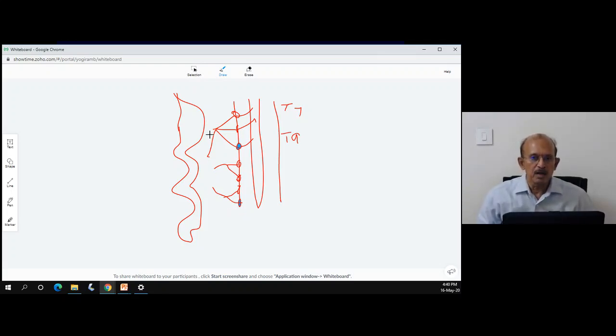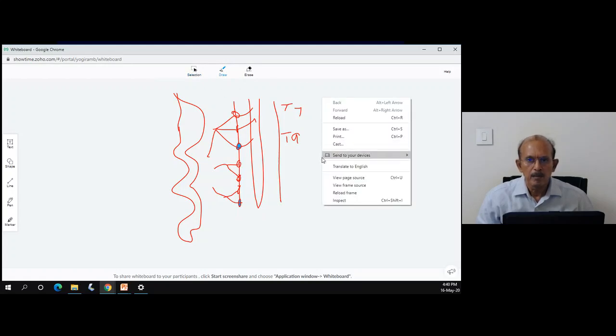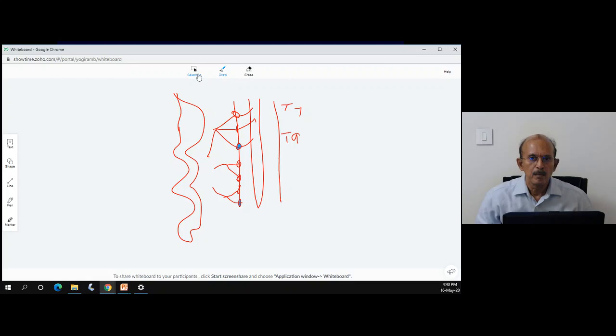In front of the aorta, we have seen a nerve plexus. Let's suppose this is the aorta.